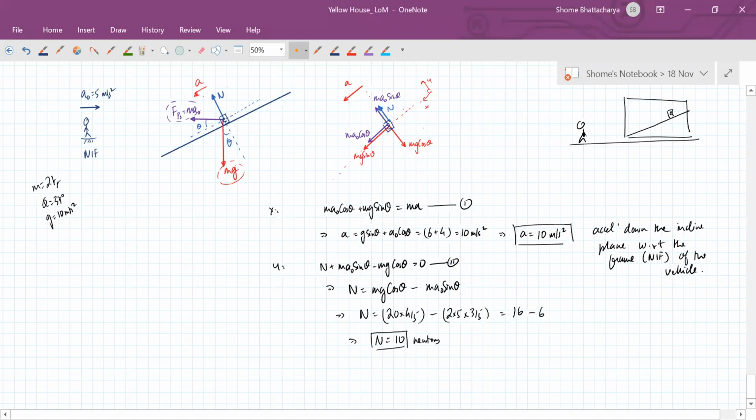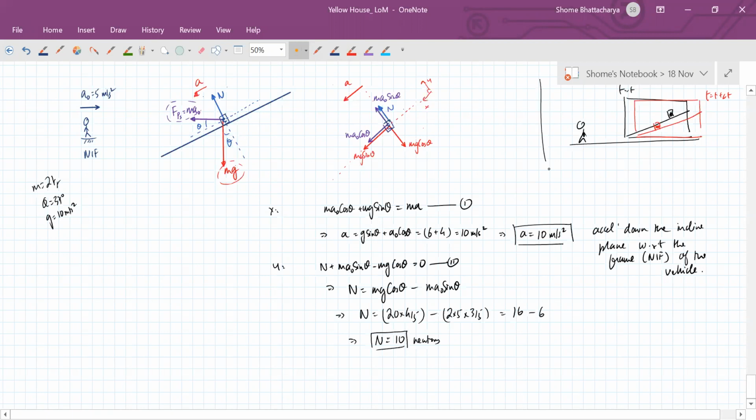He will be seeing that the body was here, and after some time, t plus delta t, it has moved like this. So he doesn't even know the direction in which the body is moving.